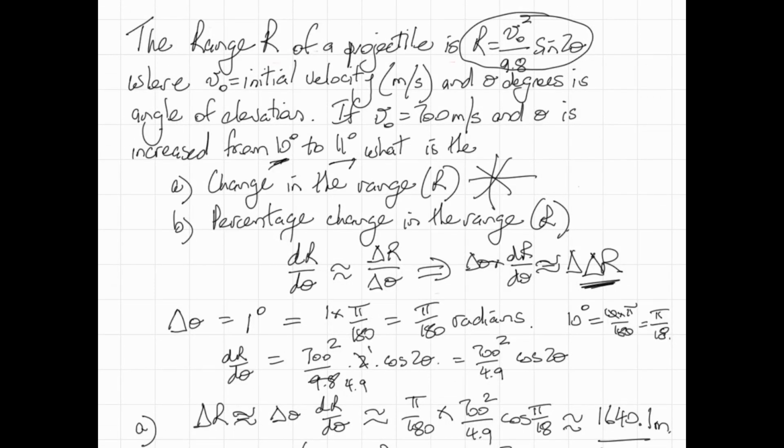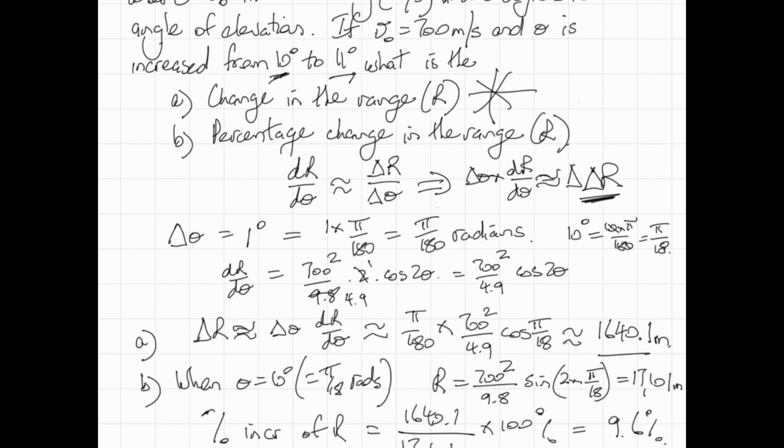Your first step is to find the change in one entity, in this case it was theta, so it was 1 degree. But bearing in mind that when we do calculus on trig functions, we are assuming that theta is in radians, so it was good to put everything in radians here. That way you can put your calculator straight into radian mode.